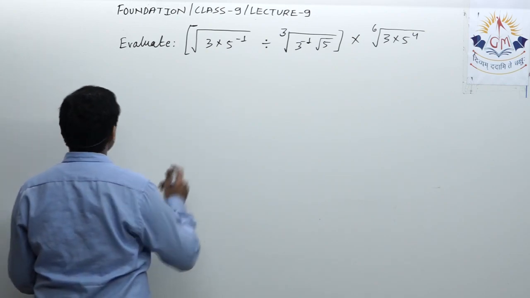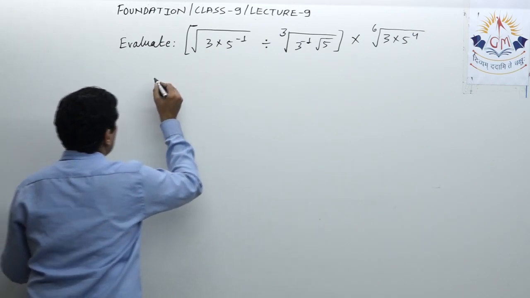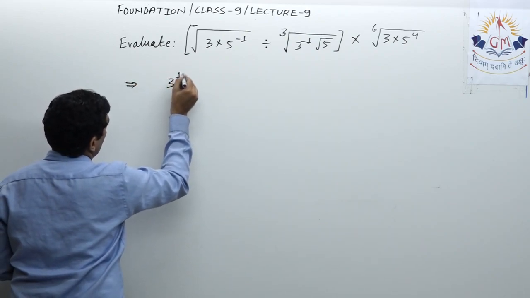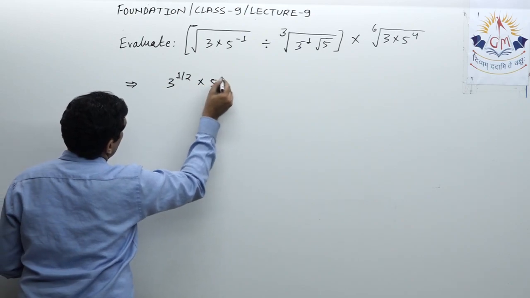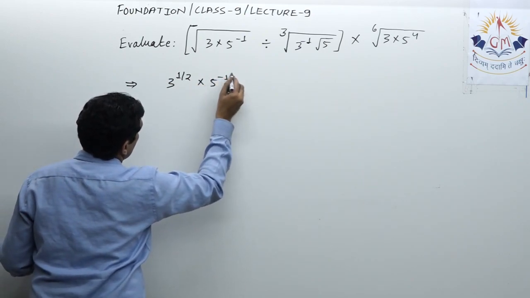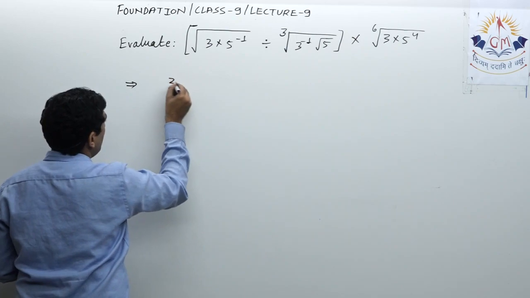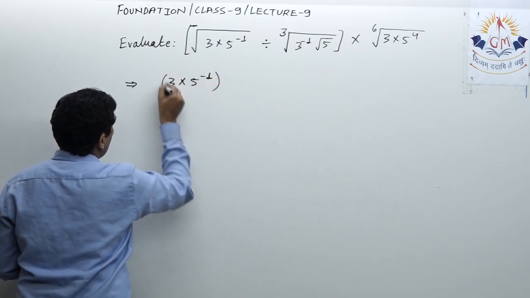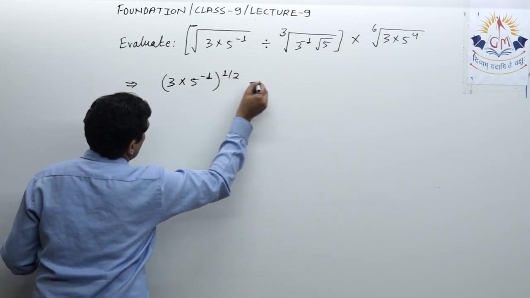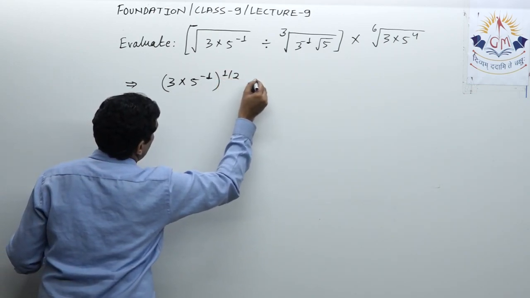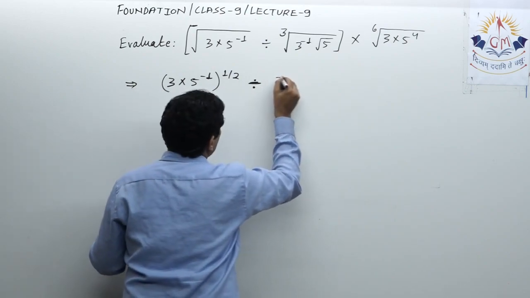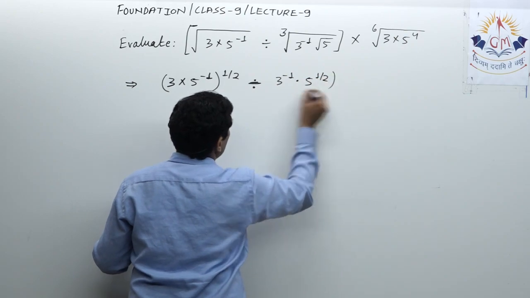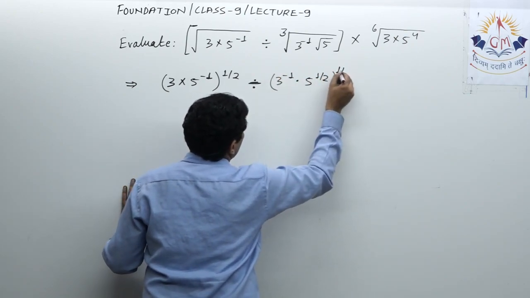So let us see. This is 3 raised to 1 by 2 into 5 raised to minus 1, or if I write the first step in this way, 3 into 5 raised to minus 1, raised to 1 by 2, divided by 3 raised to minus 1 into 5 raised to 1 by 2, raised to 1 by 3.